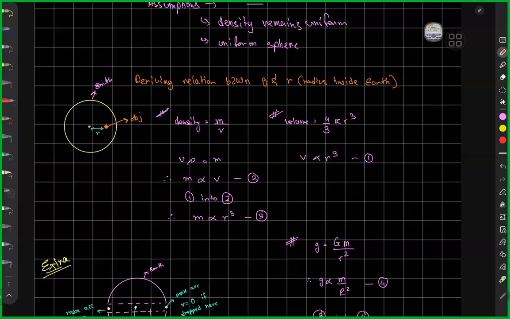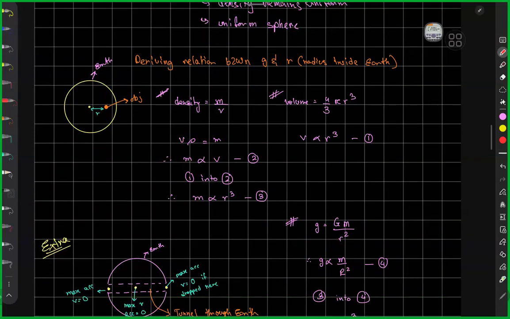Let's assume that Earth is uniformly mass distributed. So it's a perfect sphere with uniform mass distribution. If that is assumed, then this derivation is accurate. Now, density is mass by volume. If I take the volume and density on one side, this is the volume, this is the density, and this is the mass.